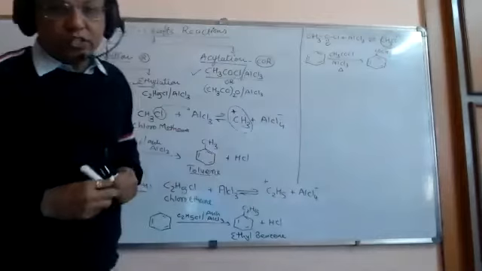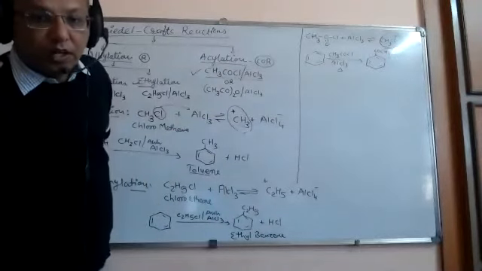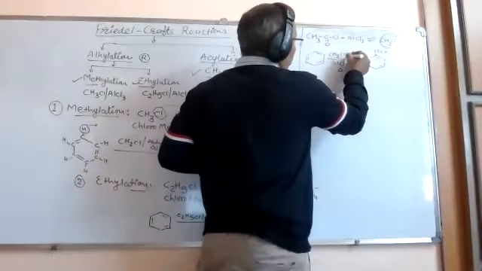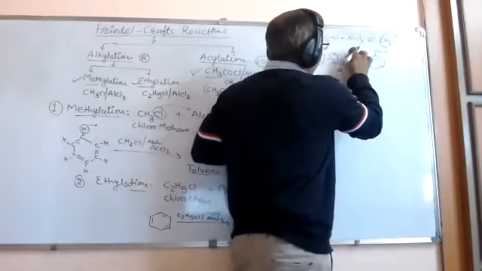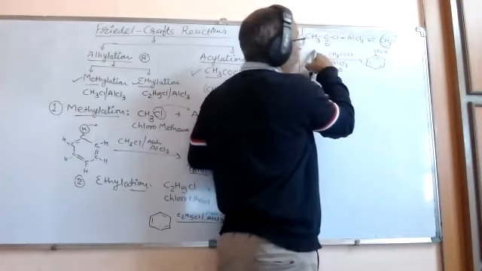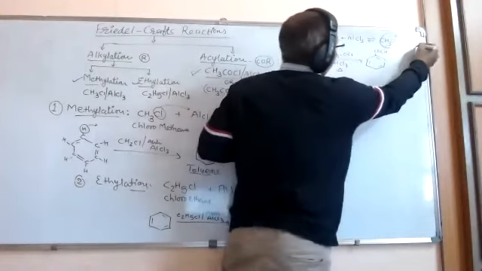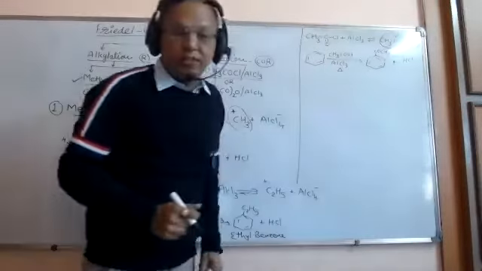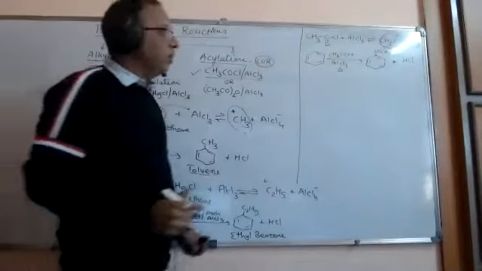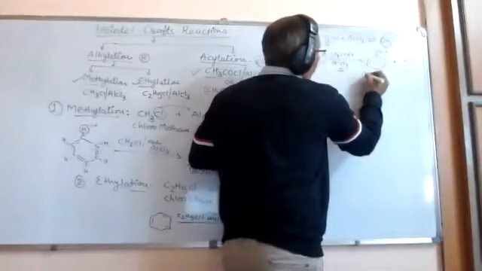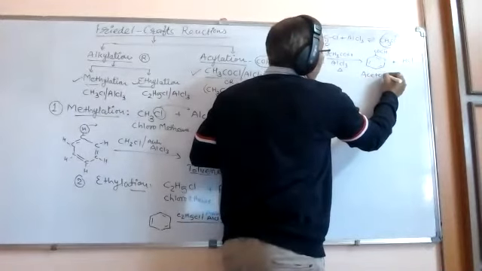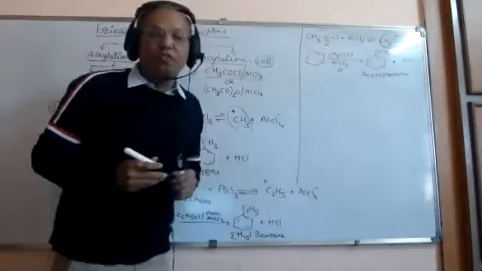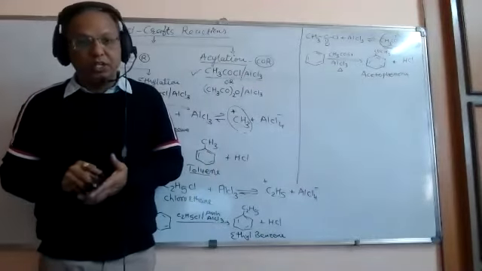This is the first product we obtain in the acylation reaction, and the hydrogen which is removed from here will go with the excess chlorine and we will obtain hydrochloric acid as byproduct. The name of the compound we obtain here is acetophenone. Acetophenone is the product we obtain here.